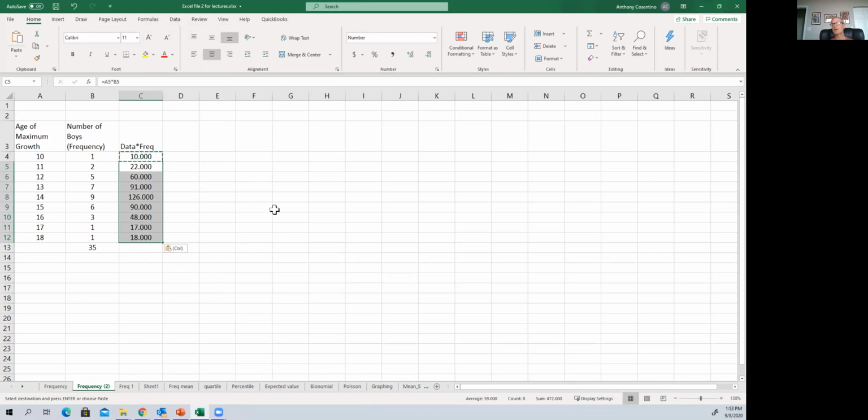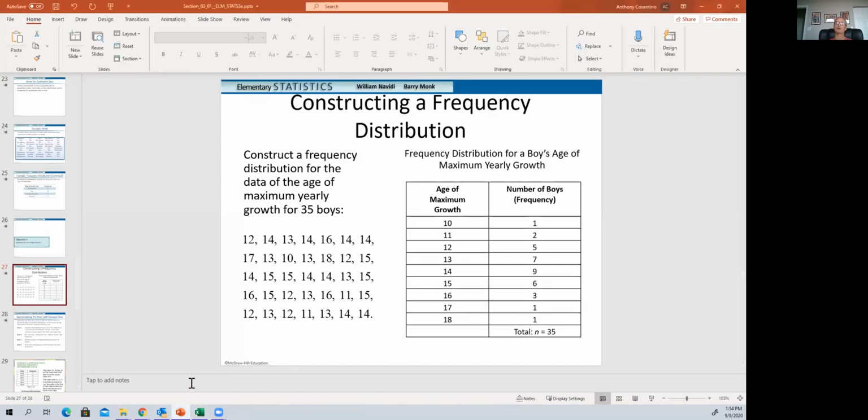The next step would be to add up this column to get the total. Sorry about that. Let me go back to this one.